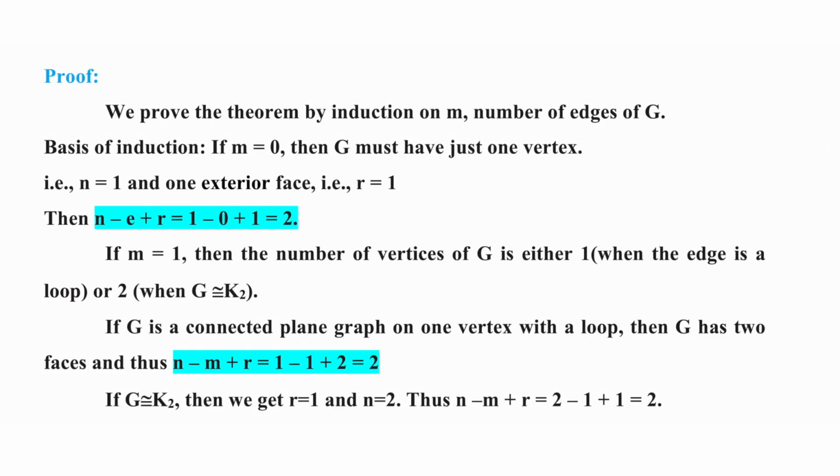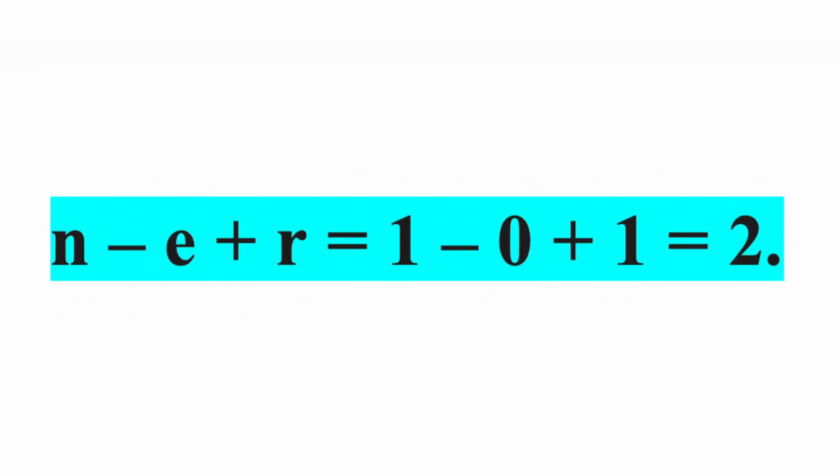We prove the theorem by induction on m, the number of edges of G. Basis of induction: if m equals 0, then G must have just one vertex, that is n equals 1, and one exterior face, that is r equals 1. Then we have n minus m plus r equals 2.